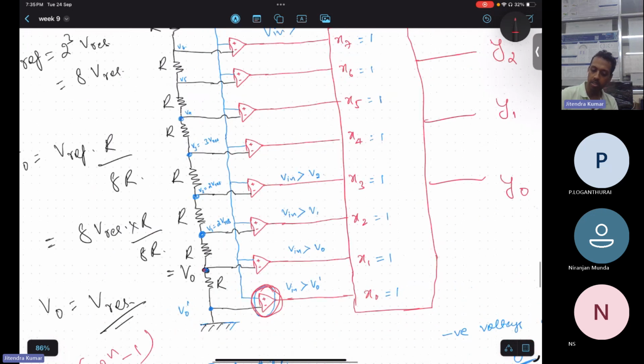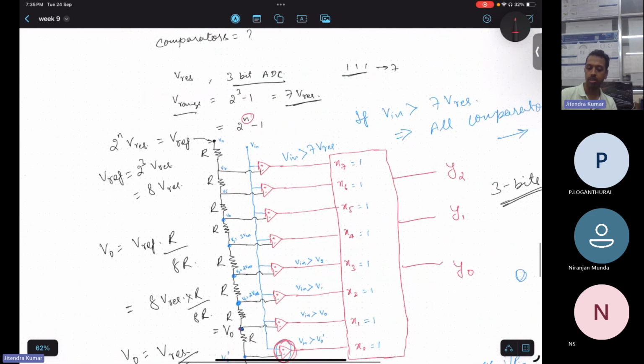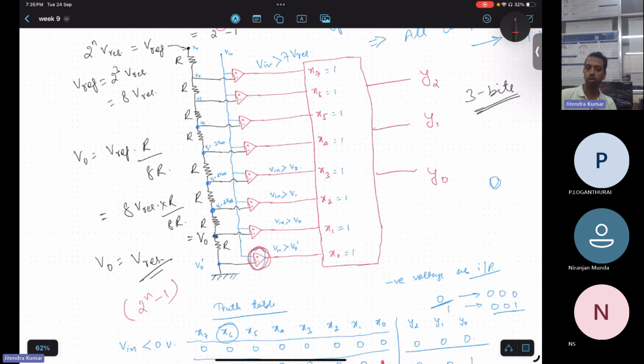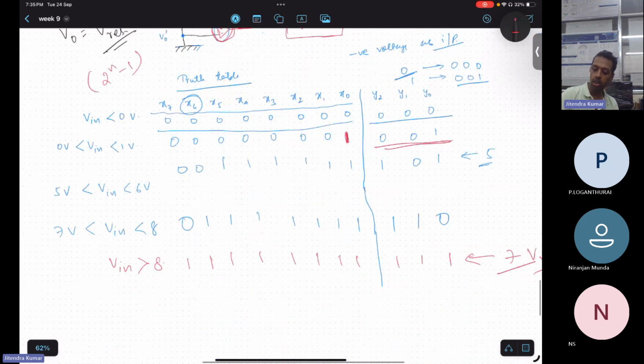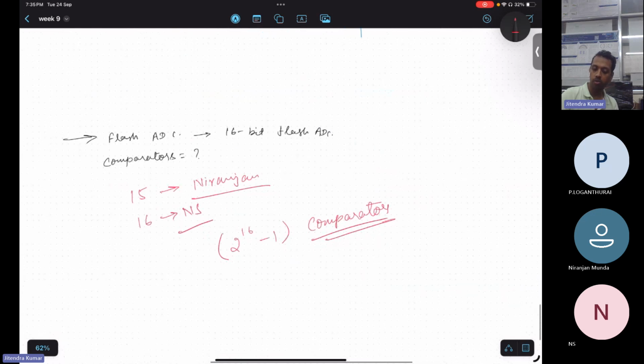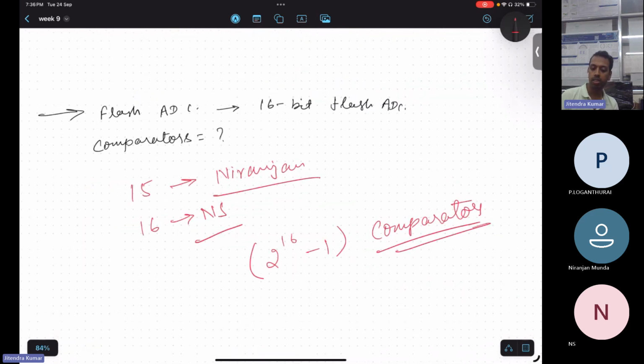So here with 7 comparators also our work would have been done. Just for explanation purpose, I used the 8th comparator at the end. So 2 raised to power n minus 1 comparators will be required to measure with the help of flash ADC. And with 1 clock pulse only, your output will be measured.